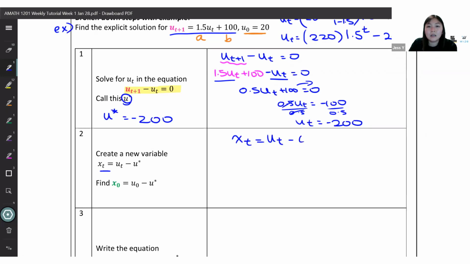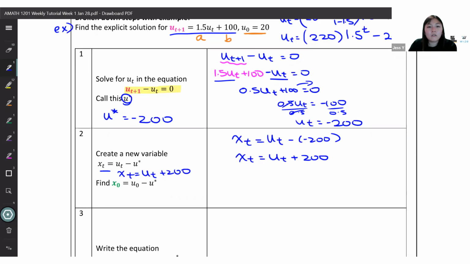So I'm minusing negative 200, meaning I'm adding 200. Again, keep that handy. If you want, you can write it. I like using this box method because it gives me space to write down things for later. So I'm going to keep it there.